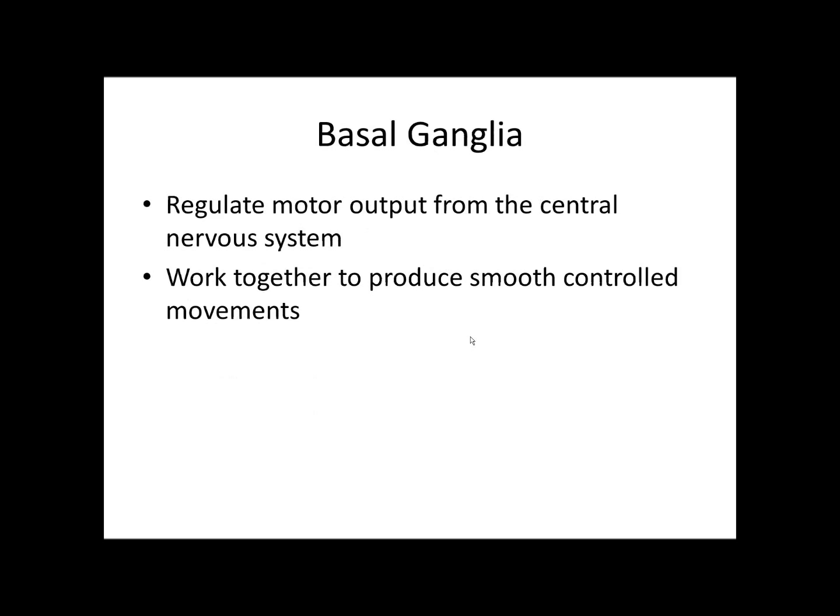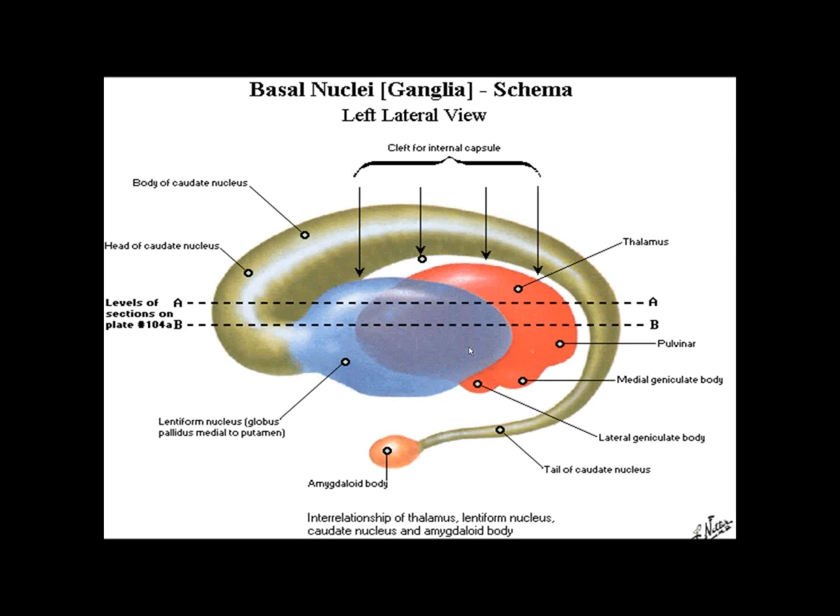Now, the basal ganglia is a loose term that really means a bunch of different structures, but altogether they regulate motor output from the central nervous system and work together to produce smooth, controlled movements. But they are clearly involved in many other things because it involves the amygdala. We have the thalamus, the lentiform nucleus.